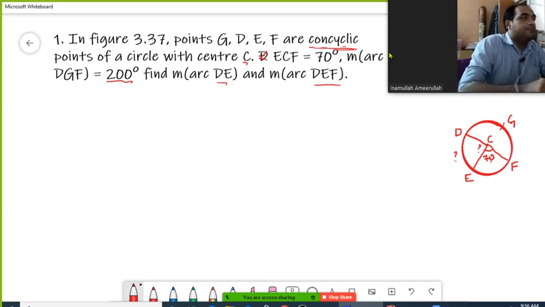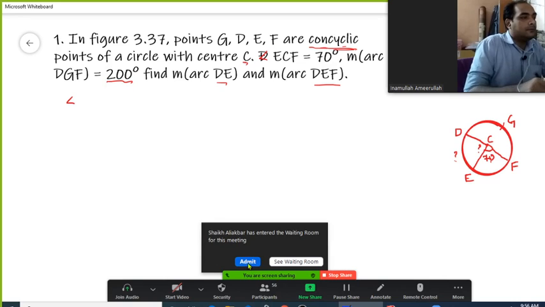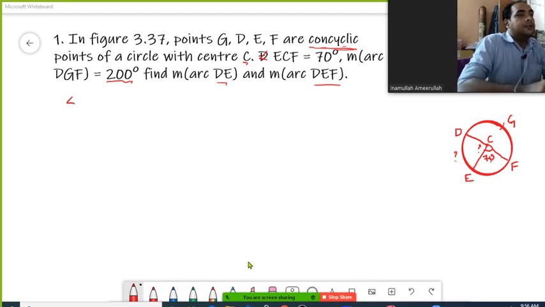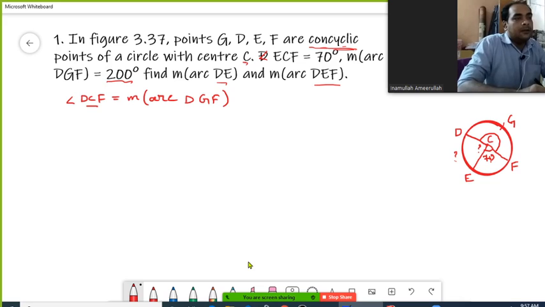So here I can say angle DCF is equal to major arc DGF, because DCF is a central angle. I am talking about this angle DCF, and its corresponding intercepted arc is DGF.